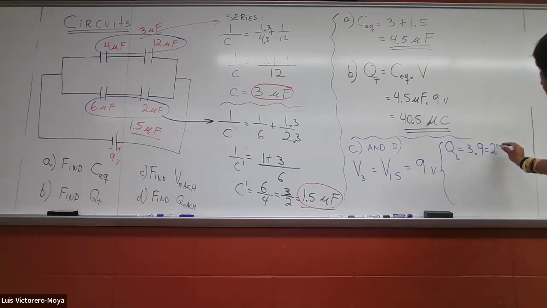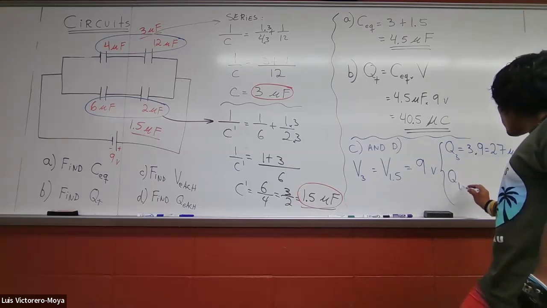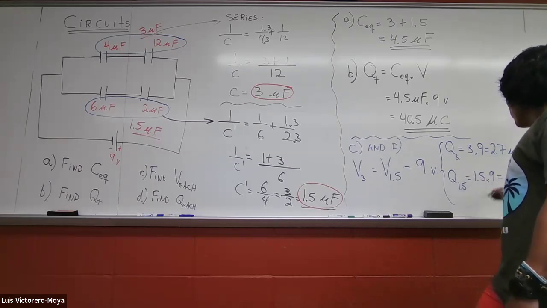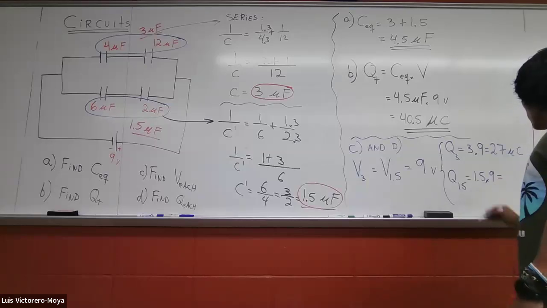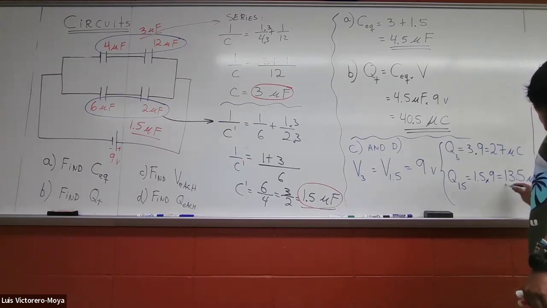That's 27 microcoulomb. And the charge on 1.5 is 1.5 times 9, 13.5 microcoulomb.